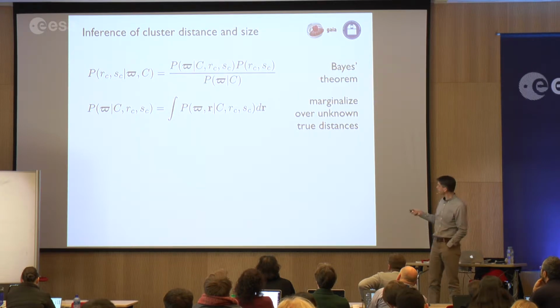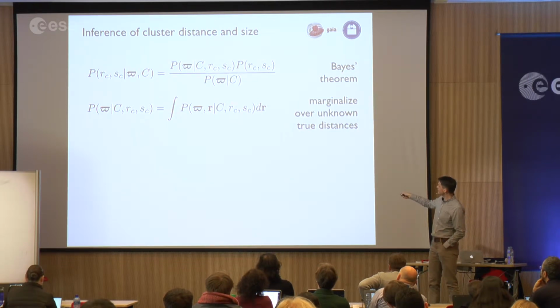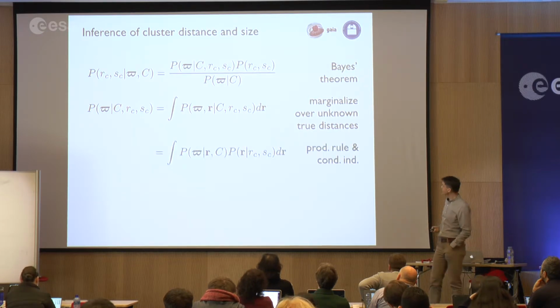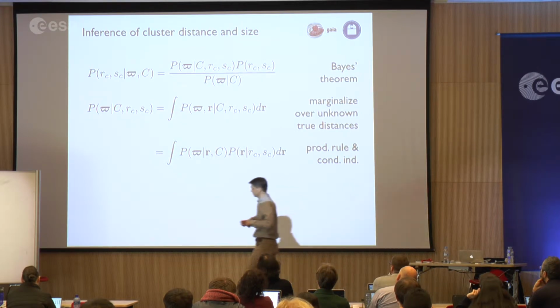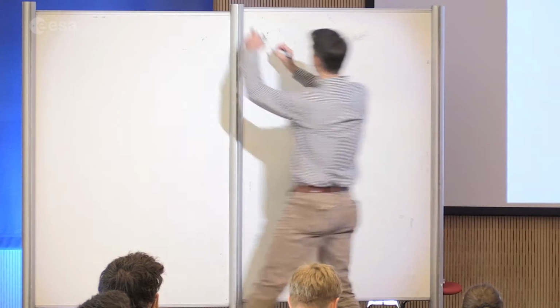Having written this down, of course I don't any better know what this is compared to this, but I can now write this down using the product rule. Let me just fill in the intermediate step here.